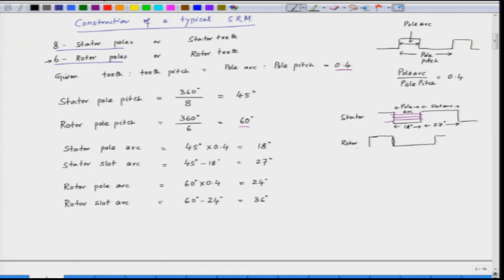So, if we consider the rotor, this is the rotor pole arc, and this is the rotor slot arc. So, this angle is 24 degrees and this angle is 36 degrees. So, we are expressing all the parameters, all the distances, in terms of angle.